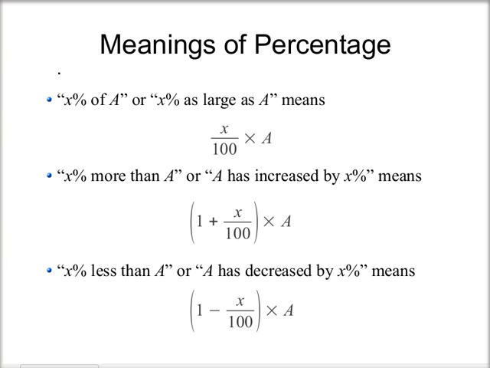If I say that, for example, B is X percent of A, or X percent as large as A, that means that B is equal to X divided by 100 times A. If I say that B is X percent more than A, or A has increased by X percent, that means that B is equal to 1 plus X divided by 100 times A. If I say that B is X percent less than A, or A has decreased by X percent, that means that B is equal to 1 minus X divided by 100 times A. So let's look at some examples of uses of these kind of comparisons.